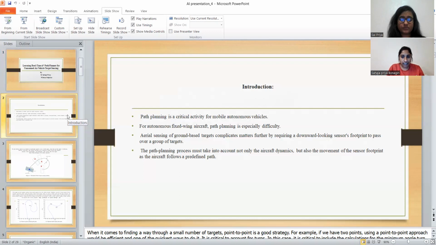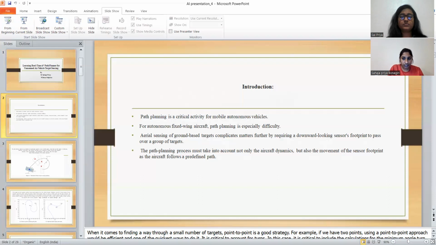Introduction. Path planning is a critical function for mobile self-driving cars. The path planning problem is particularly complex for autonomous fixed wing aircraft since the aircraft dynamic restrictions such as minimum turning radius must be addressed throughout the planning process. In the path planning procedure, aerial detection of ground-based objects complicates matters even further by requiring a downward-looking sensor's footprint to transfer across a set of targets.